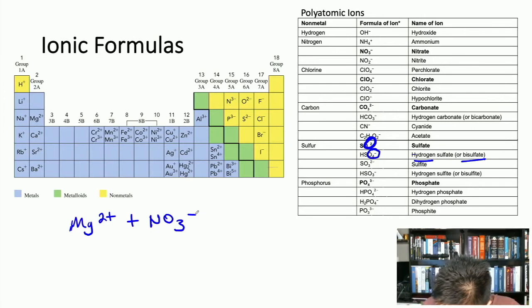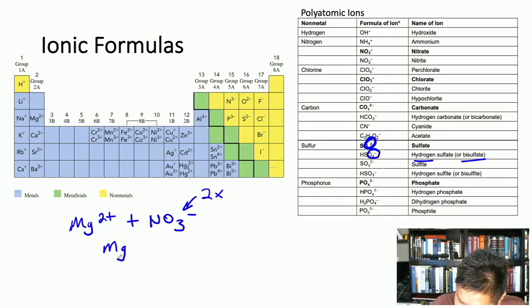Well, if this is a -1 charge, then I need 2 of these right here, right? If nitrate is a -1 charge, then I need 2 of these to balance out a +2 charge of magnesium. So the way I would write that is magnesium, and I would put parentheses, and NO3, right?